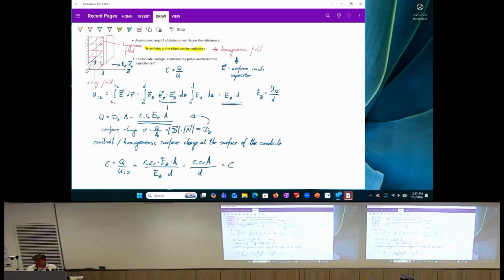And on the charge side, we know that the charge is given by the electric displacement field times the area of the plate.